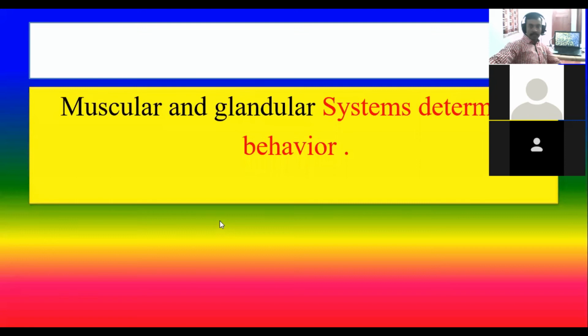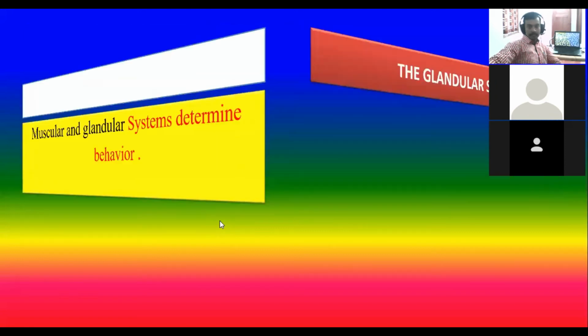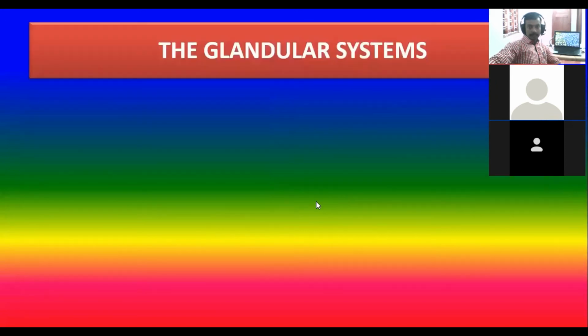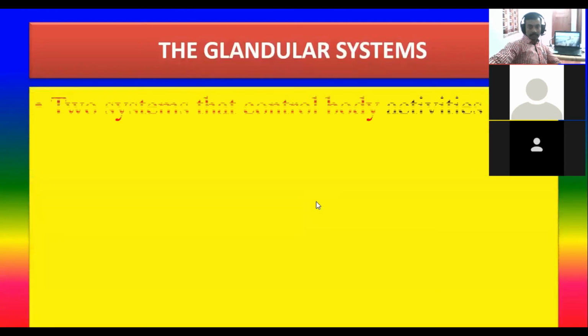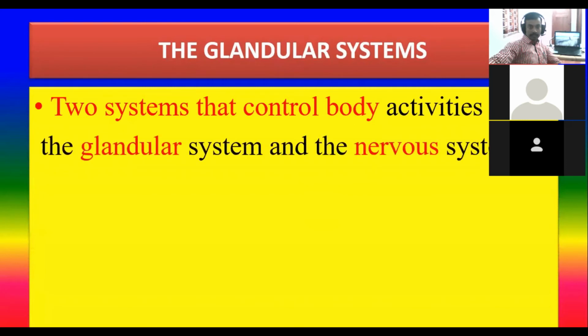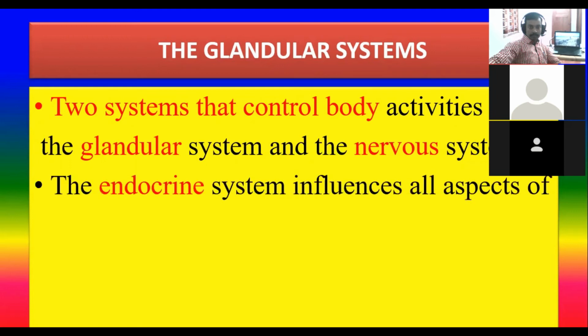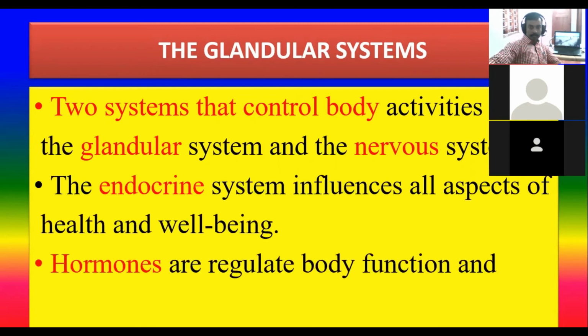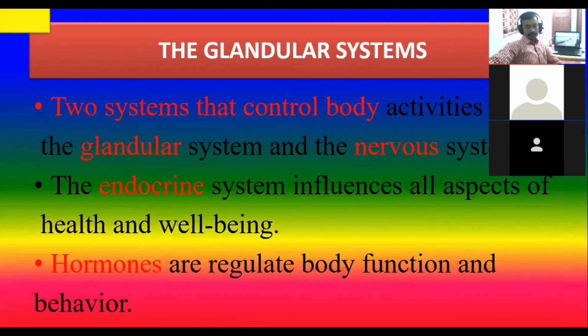Muscular and glandular systems determine behavior. Two systems control body activities: the glandular system and the nervous system. The endocrine system influences all aspects of health and well-being. Hormones regulate body functions and behavior.